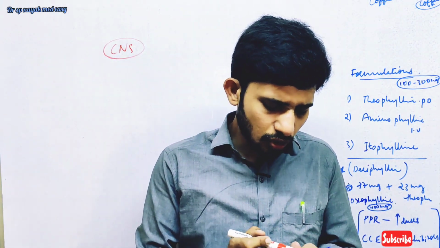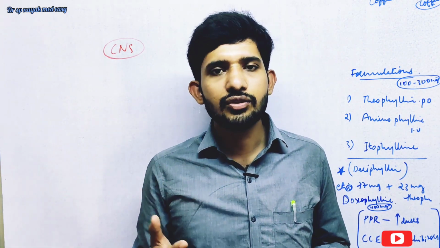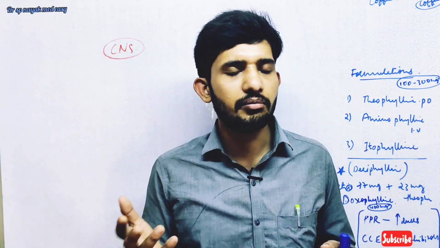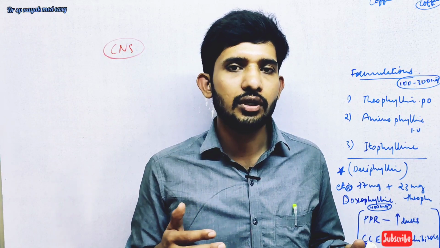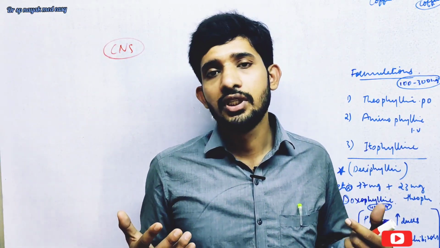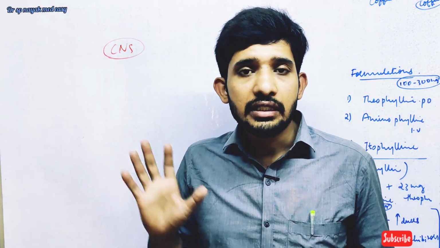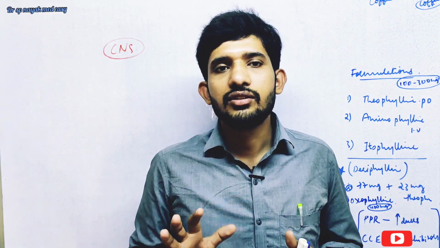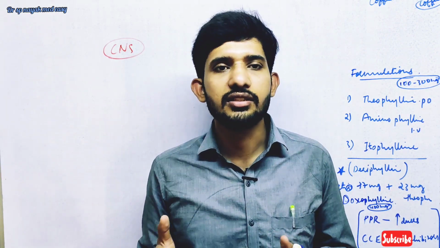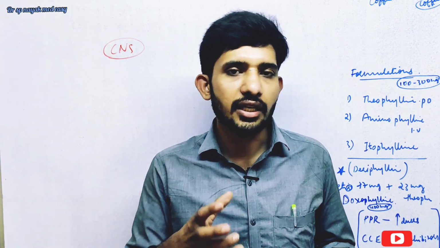That is the reason many working people, and at night many students, keep drinking tea, coffee and some beverages to stay awake. These methylxanthines have CNS stimulant activity, so in some conditions many people take tea or coffee to increase their CNS activity.